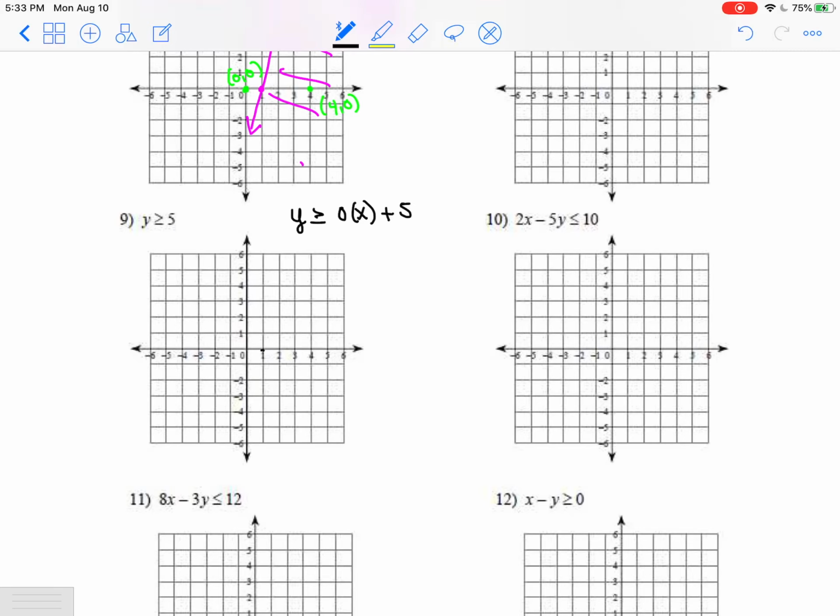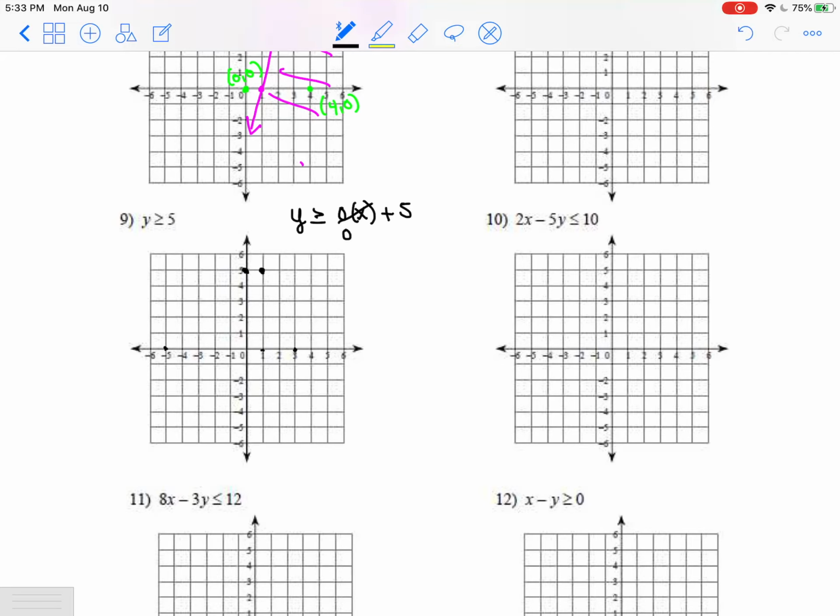It doesn't matter if my x is 1 or my x is 3 or my x is negative 5. It's always going to go away, and I'm going to have 5 as my y, as my answer.